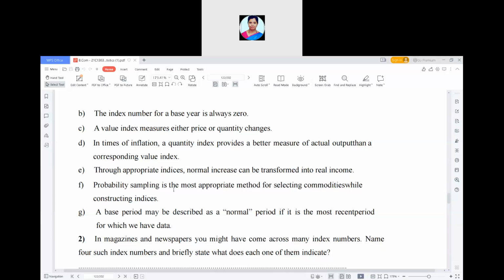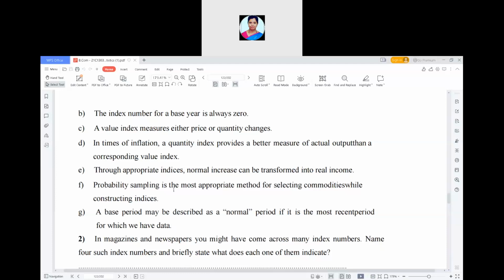So this type of period difference we have to take. That we have already seen, so whether this is true or false, we have to see.